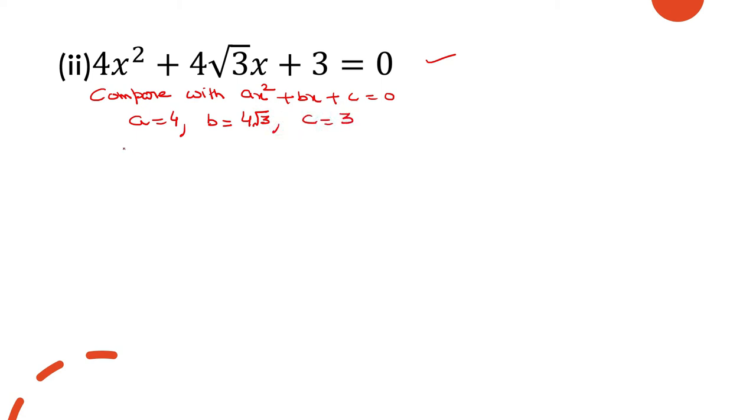So what will be our next step? As discussed previously, we will find a discriminant. D is equal to b square minus 4ac.